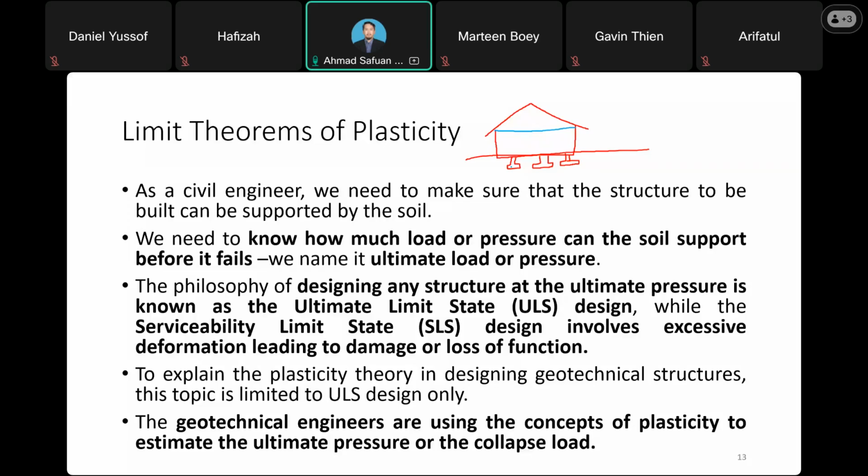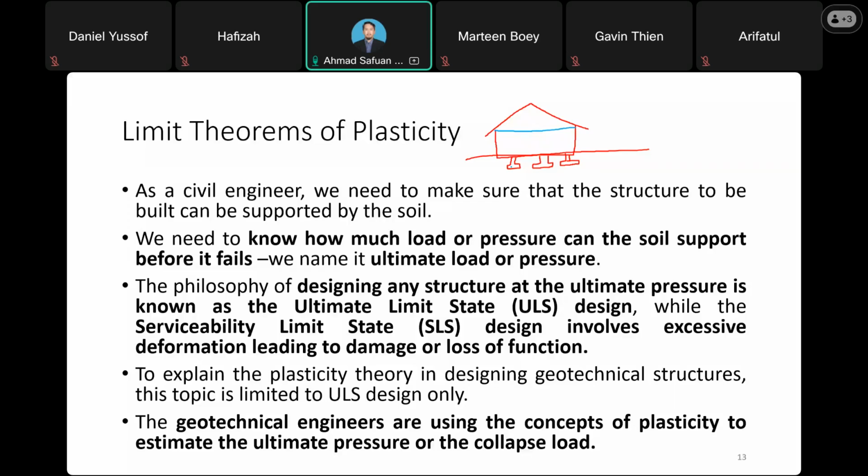Once we have divided by the factor of safety, that is counted as a design load or design stress. This design stress will be related to the deformation or settlement if we apply it for a certain period of service or time.